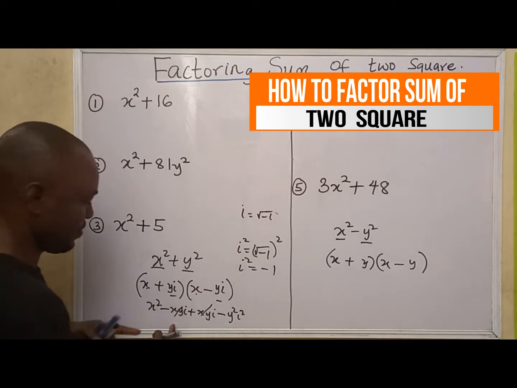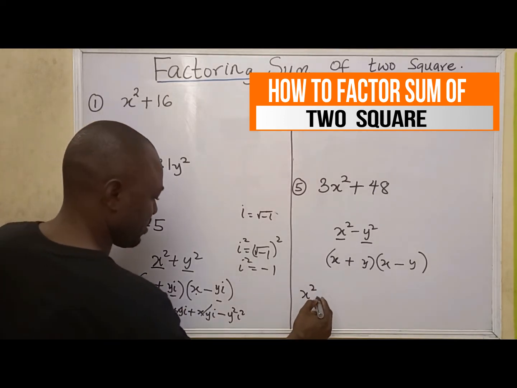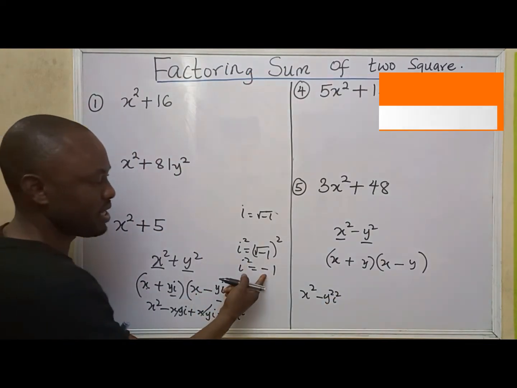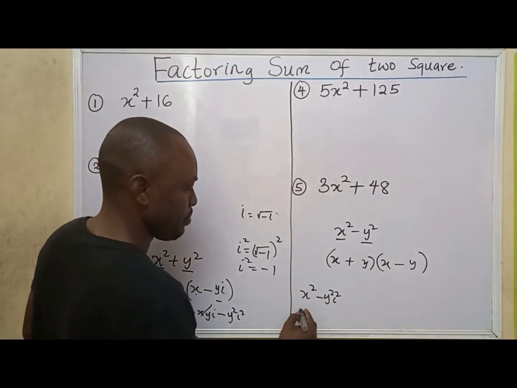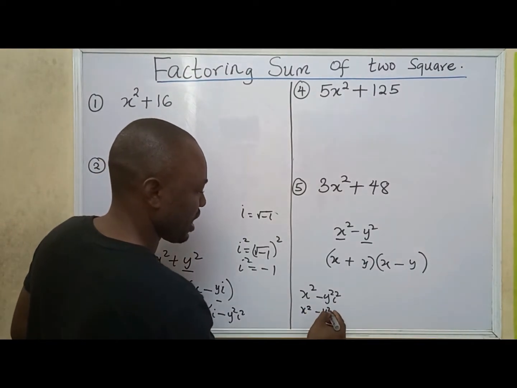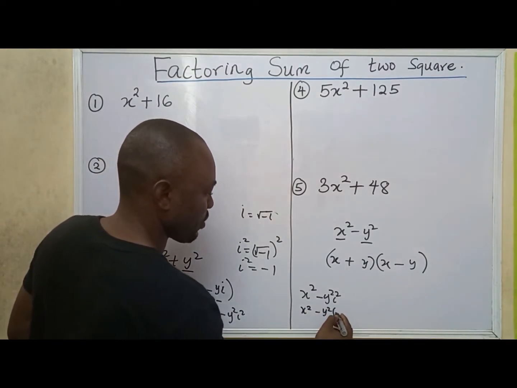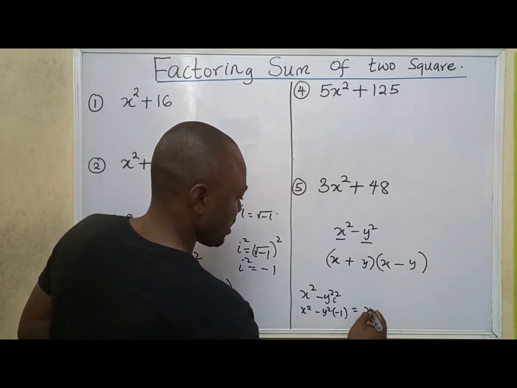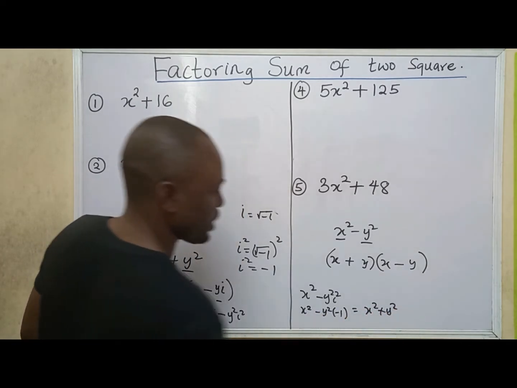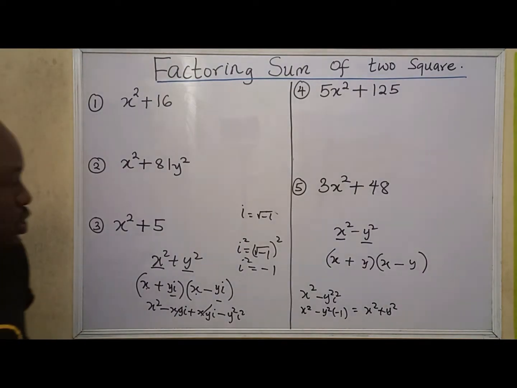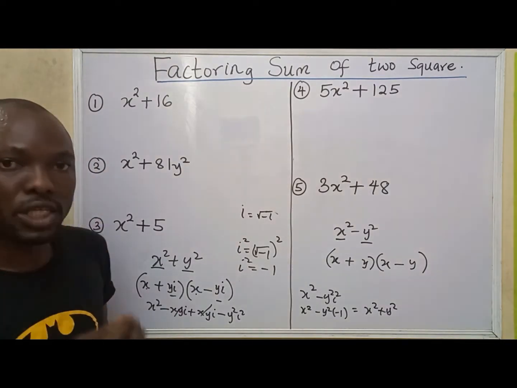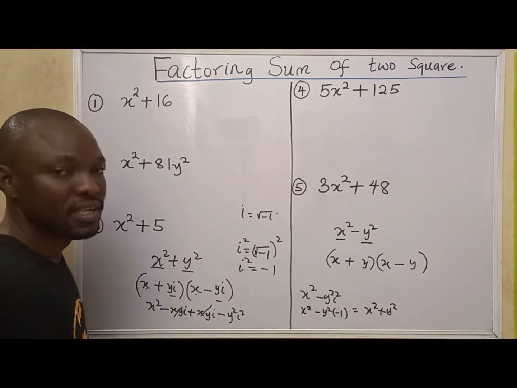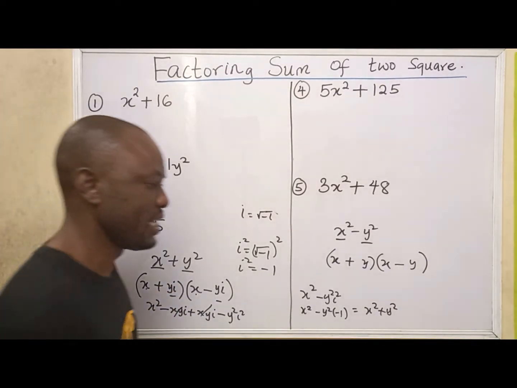So I have on this side x squared minus y squared i squared. Recall that i squared is minus 1, so if I plug in minus 1 here, I have y squared times minus 1. If I multiply that, that will give me x squared plus y squared. So always know that whenever you have the sum of two squares, you always express this in terms of an imaginary number, in terms of i.